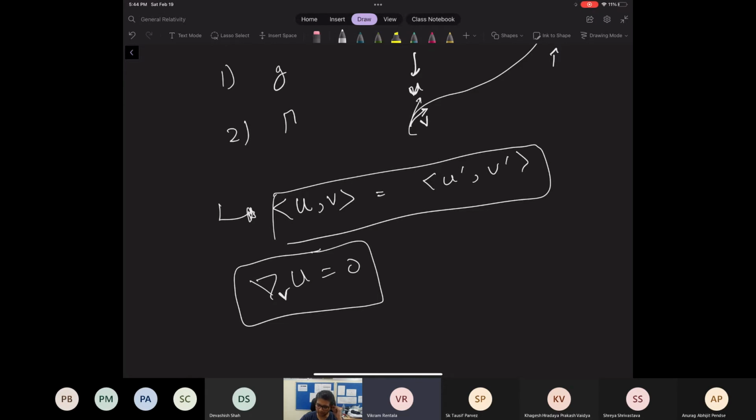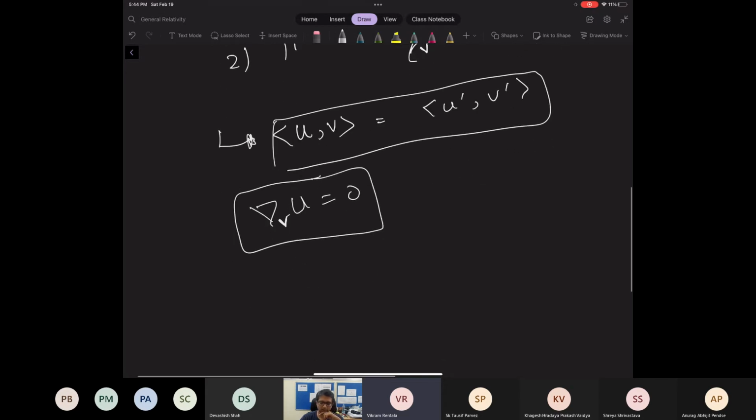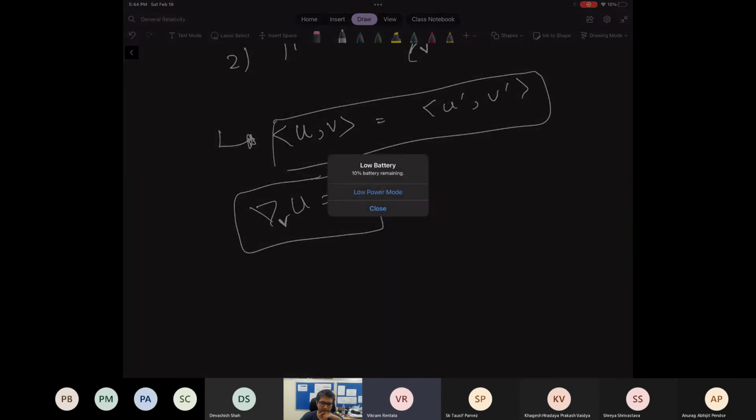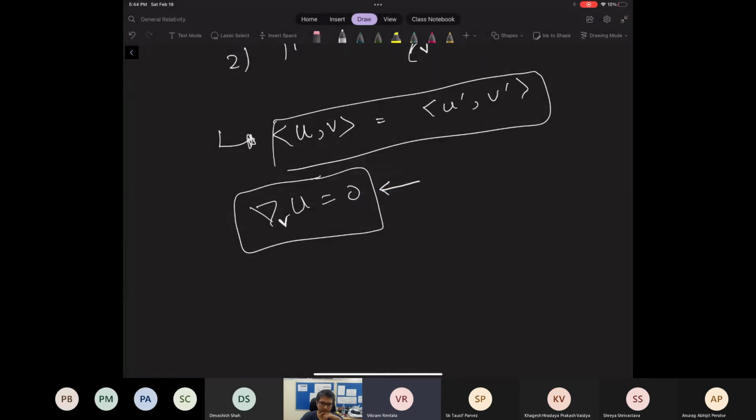So let me just tell you this. If you had done one of the earlier problems in the tutorial sheet, I think problem 3, you'll show that you can actually relax this condition to be that this should just be parallel to u.